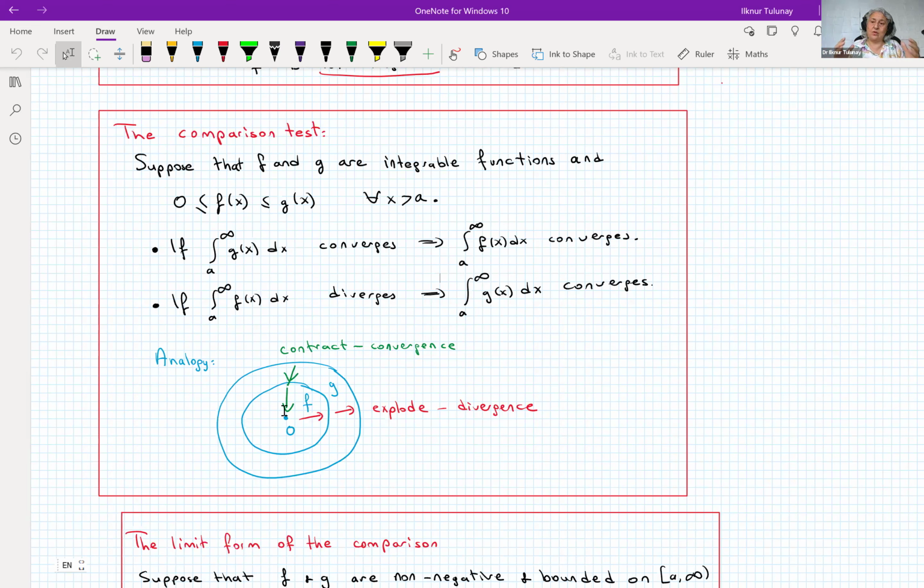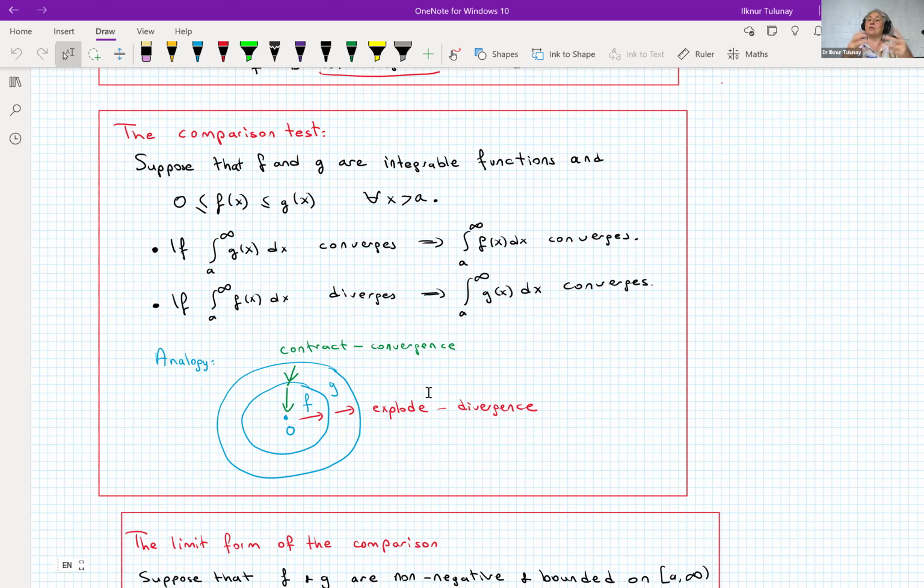This is why you need to be very careful when you're comparing your functions: which side you're taking, which side is convergent, and what information you can get. If the inside converges, you have nothing to say about the outside. If the outside converges, then you can say the inside has to converge too, because if the outside contracts, the inside has to contract.